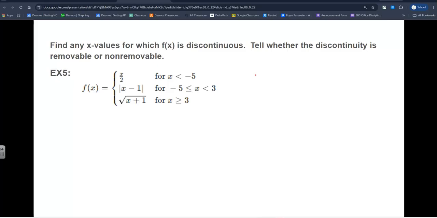Next, let's move to some piecewise. With piecewise, you first want to think about each individual piece and see if each piece has a discontinuity. X divided by 2, what's that look like? If we graphed it, what's it going to look like?